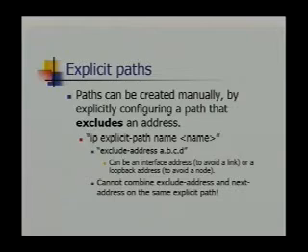We also have the option of doing, take any path you can find through the network, but don't go through this. And this can be a loopback, or this can be an interface address. So if you've got a link you just don't want one tunnel to take, you can do an explicit path that excludes an address. It could be a high latency link, it could be just a low bandwidth link, a low reliability link.